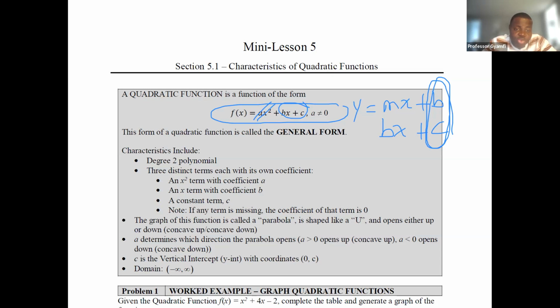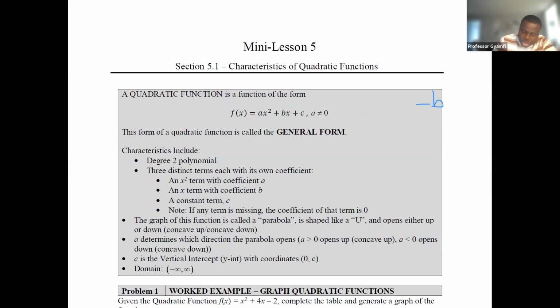It is a degree 2 polynomial, and you can see that right from here. It has 3 distinct terms, each with its own coefficient.